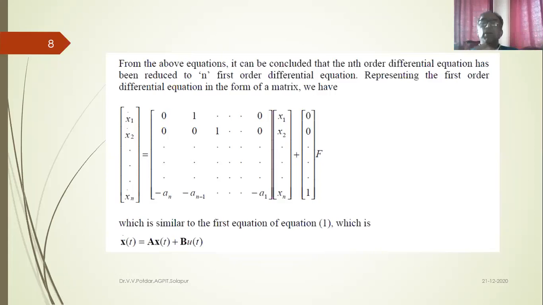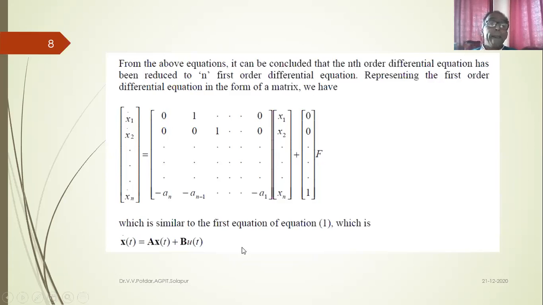So simplification is all. Representing the first order differential equations in the form of a matrix, we have x1 dot to xn dot is equal to the multiplication matrix, that is the matrix of constants A, called the system matrix, times the state vector x1, x2 up to xn, plus the input function matrix. u(t) is the input function, f is the input, and x is the output.